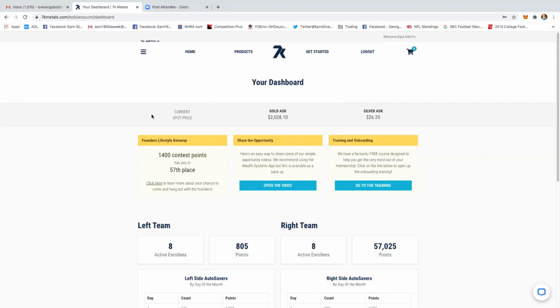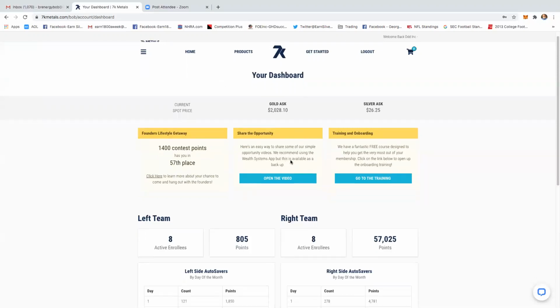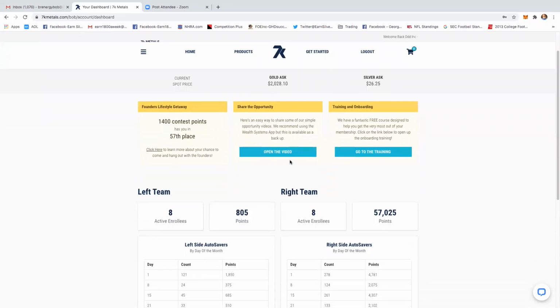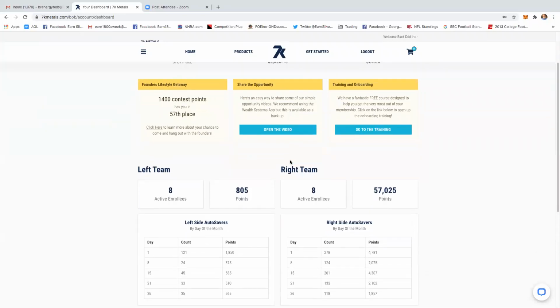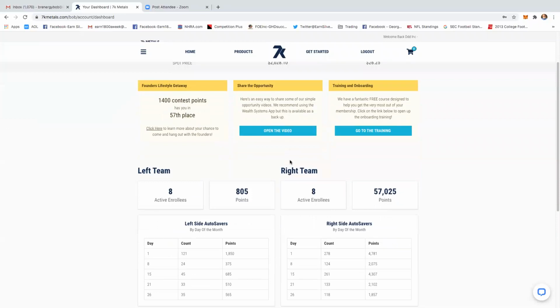So first of all, we know what our dashboard tells us, and this is Tuesday night. It tells us our actives, and it tells us our volume. And if y'all note, my volume has flip-flopped, where I used to have tens of thousands of points and more on my left side, I now have tens of thousands of points on my right side.